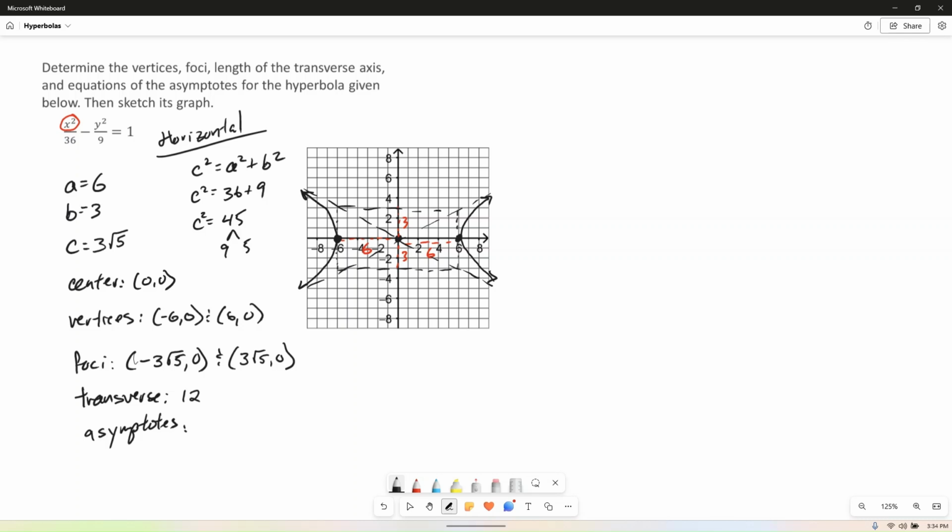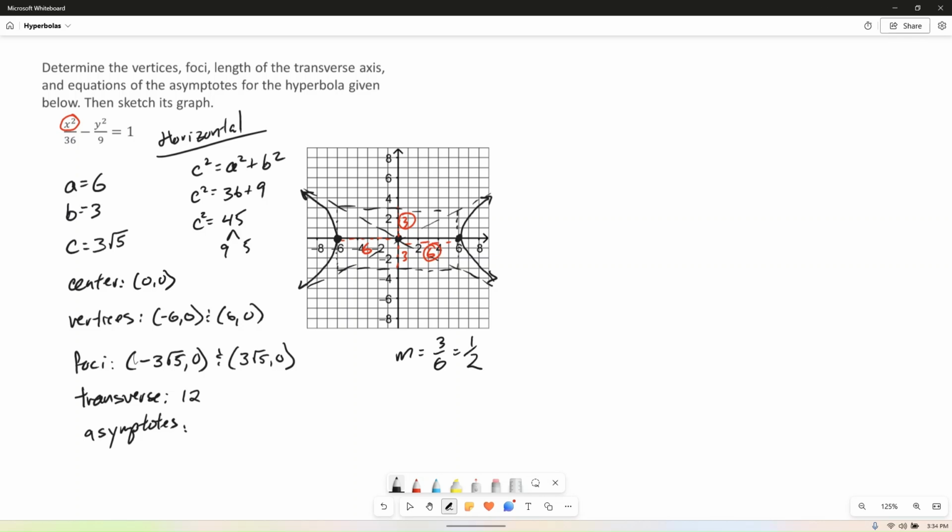Okay. So again, what are the equations for the asymptotes? Let's start by looking at the slopes. Slope is rise over run. Looking at this box, the rise is 3 and the run is 6. So the slope of the asymptotes is going to be 3 over 6, which is a half. And technically, it's plus or minus a half.